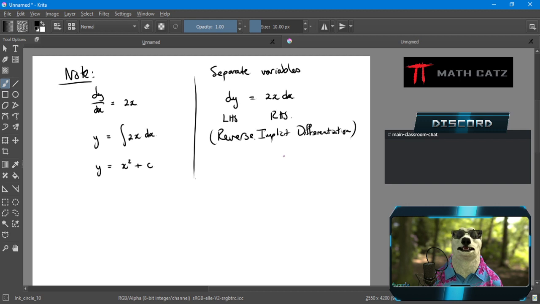And what's the reverse of differentiation? Well, in a way, antiderivatives is the reverse. So what I'm going to do is I'm going to take the antiderivative on both sides. Now the convenience of the differentials is I already have the closing part of this integral.